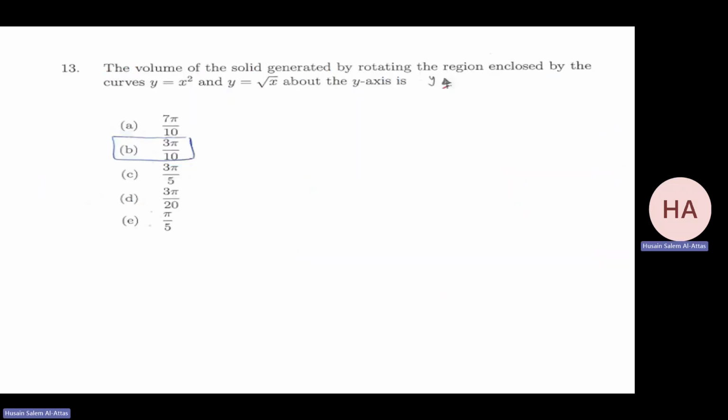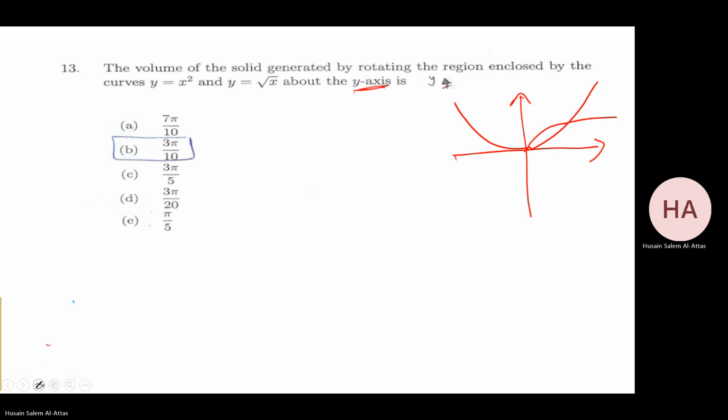The volume is closed by these regions. Okay, let me graph the region. It's about the y-axis. Be careful. y equals x squared, y equals square root of x, and it's about the y-axis. This is about this line.